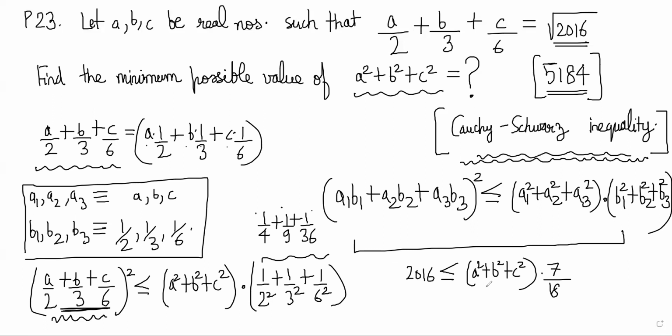So you are clearly getting A square plus B square plus C square is greater than or equal to 2016 into 18 by 7. And if you do this calculation, this number is divisible by 7. So you can simply cancel it and you'll get A square plus B square plus C square is greater than or equal to 5184.